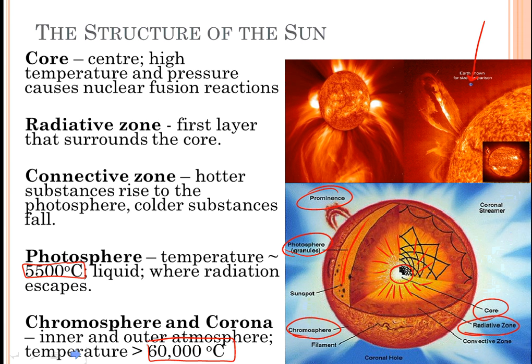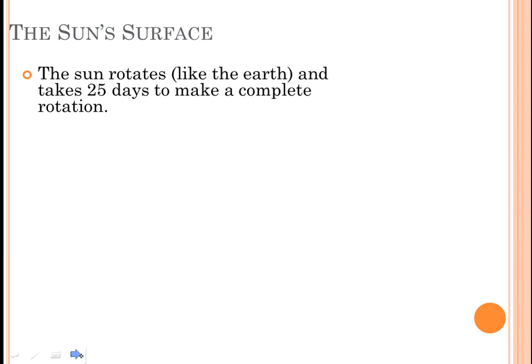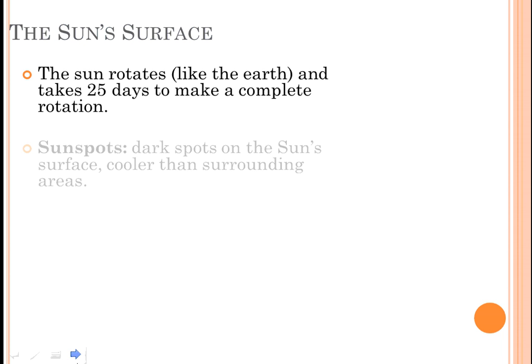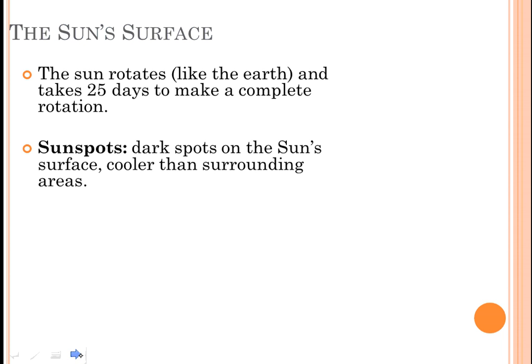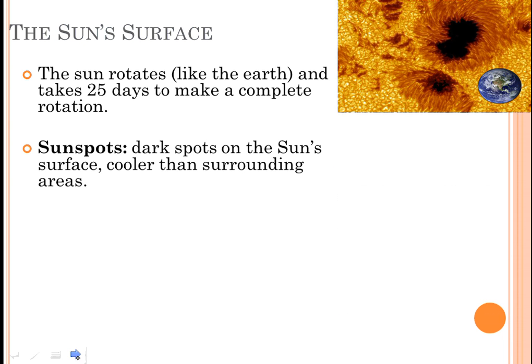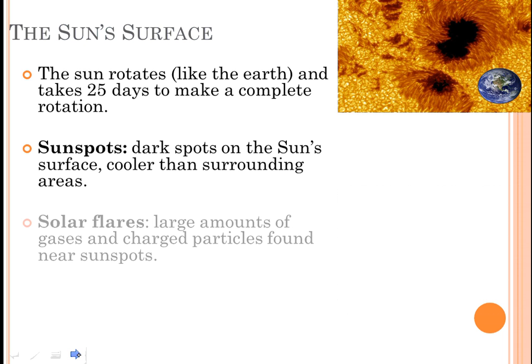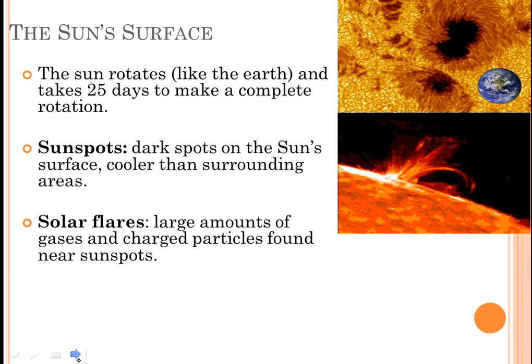So the surface of the sun does rotate like the Earth. It takes about 25 days to rotate completely. And of course, there are different areas on the sun creating sunspots, so cooler areas, warm areas, hot areas, cooler areas, cool being a relative term, of course. You get those solar flares, so large amounts of gases and particles that are found near those sunspots.